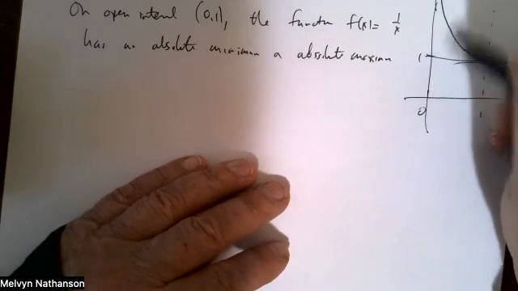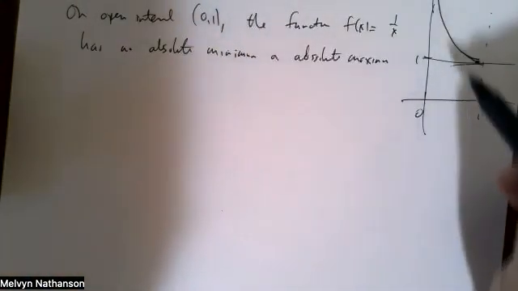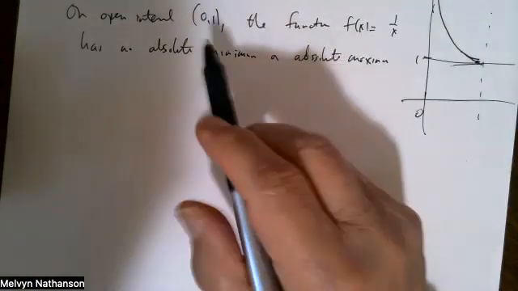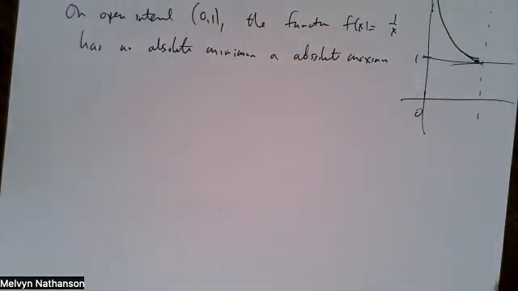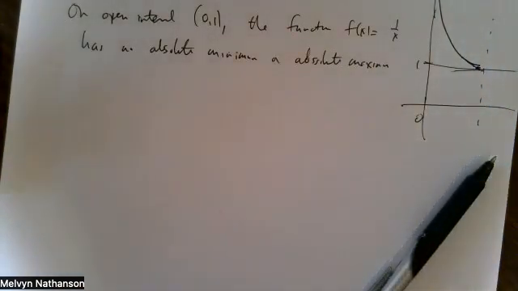As you approach 0, the function is shooting up to infinity. So it has no absolute maximum. So this statement about the existence of an absolute maximum or absolute minimum is true for closed intervals. It could also be true in special cases for an open interval, but it's not true in general for an open interval. So that is a useful fact to keep in mind.